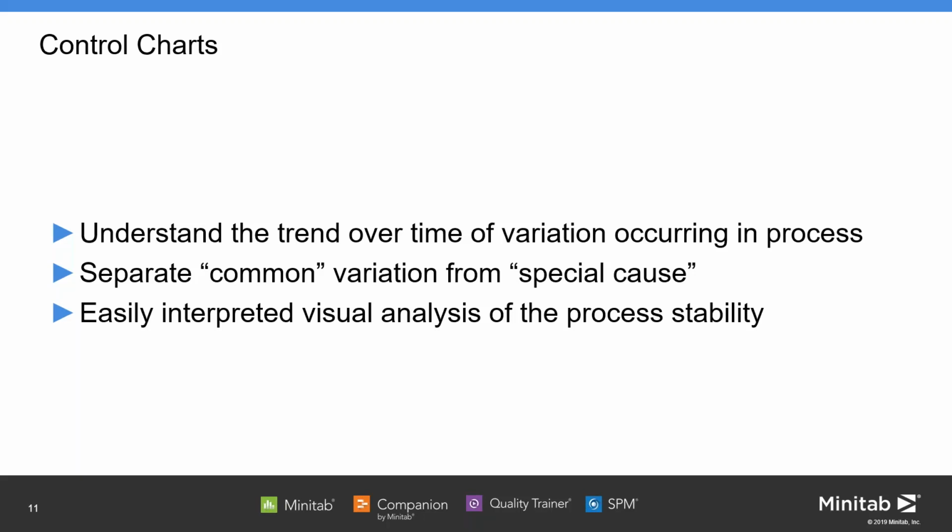And this special cause variation may occur because of a problem in our process, but it may also occur because we have changed something in our process for the positive. But we want to see over time how these changes affect our process. They are an easily interpreted visual analysis of the process stability. So we want to ensure that they allow us to effectively understand this process stability.